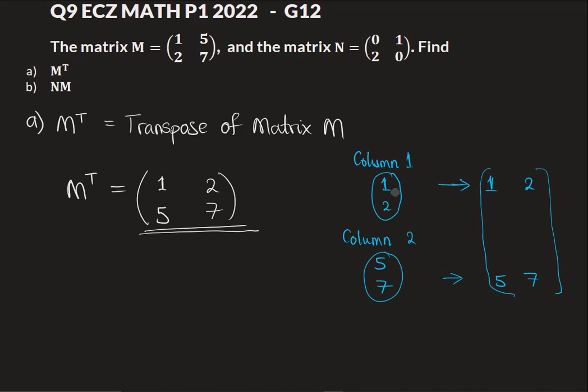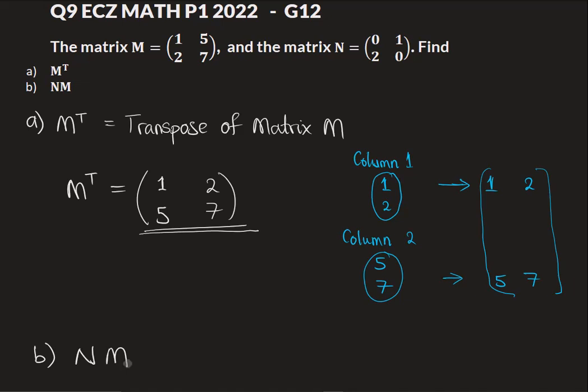The next is us finding NM. By them telling us NM, what they mean is multiply matrix N by M. Now, when we're multiplying matrices, always remember that the order in which we multiply them, or the order in which the letters are arranged, is very important. So we'll get matrix N and then multiply it by M. Earlier in algebra, we know of commutativity.